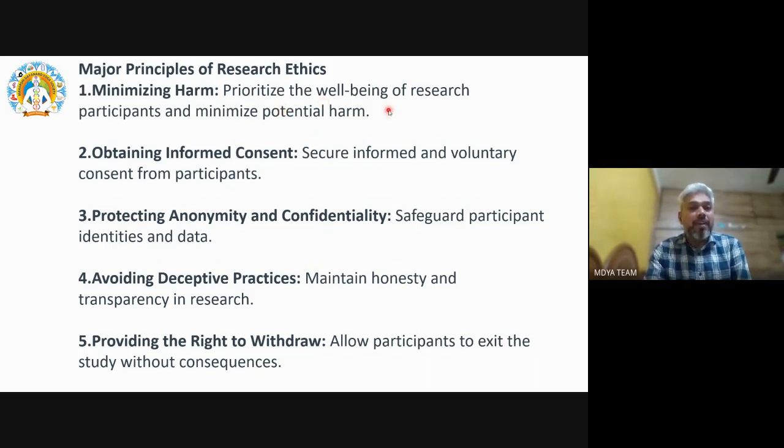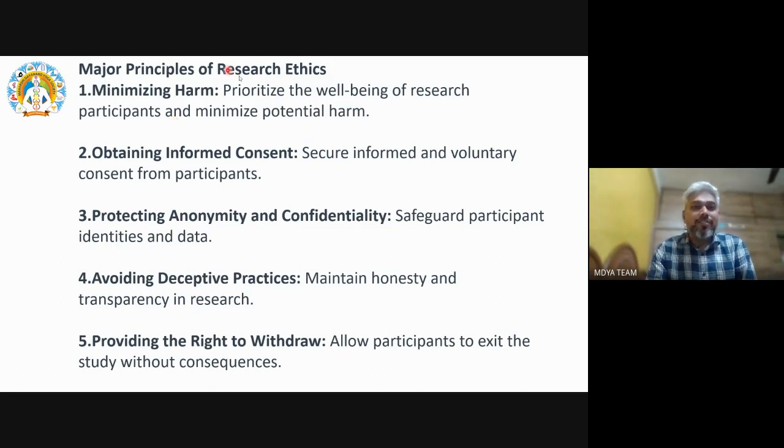So the well-being of research participants matters, and yoga is one example here. If you take participants for yoga research and you give some module of Surya Namaskar, and you are taking old people or physically disturbed people and making them do full-speed Surya Namaskar, then it comes under harm.